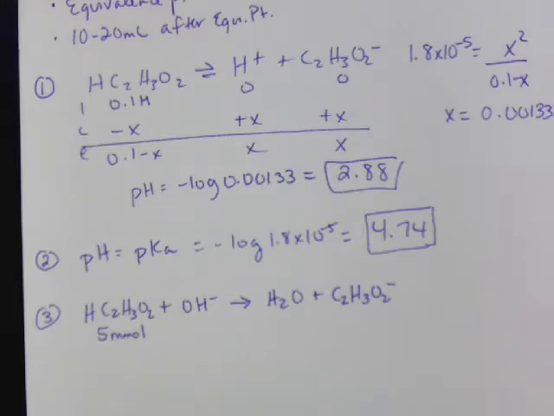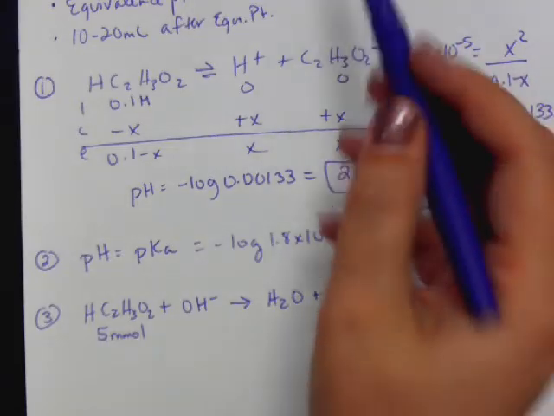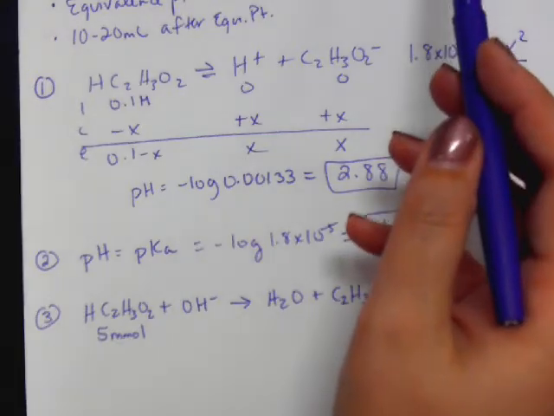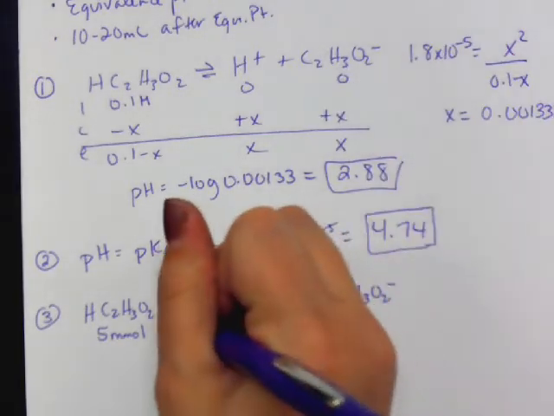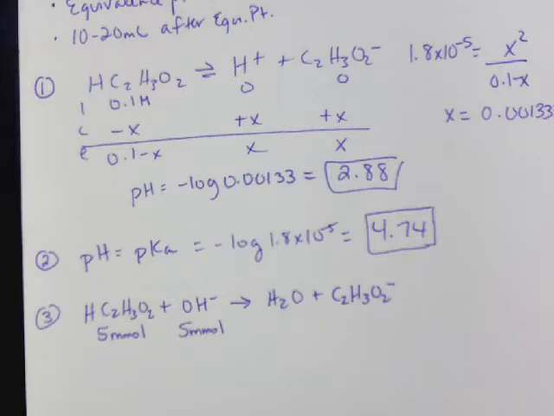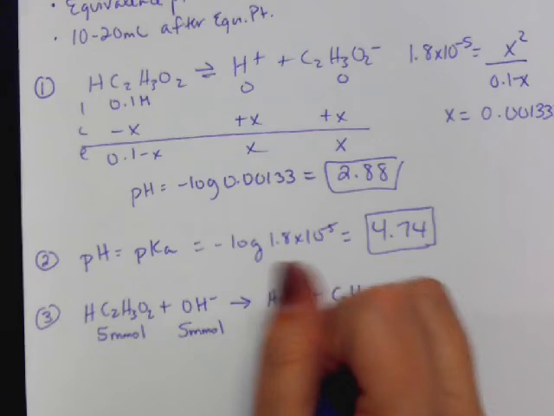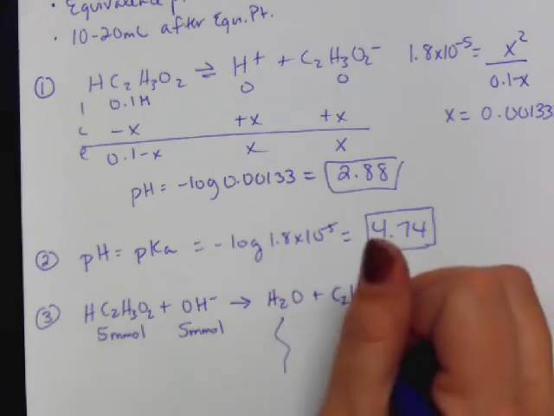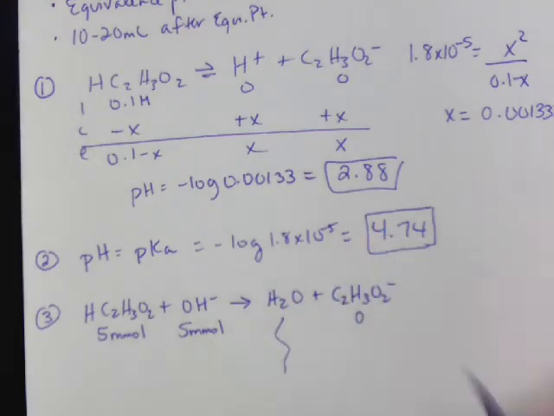And then we're going to determine how many millimoles of our sodium hydroxide. Our concentrations of our acid and base are equal, so if we're at the equivalence point, then those moles are equal. That's the definition of our equivalence point. So we have 5 millimoles of both of those. Again, our water never matters here. And we have none of our conjugate base.